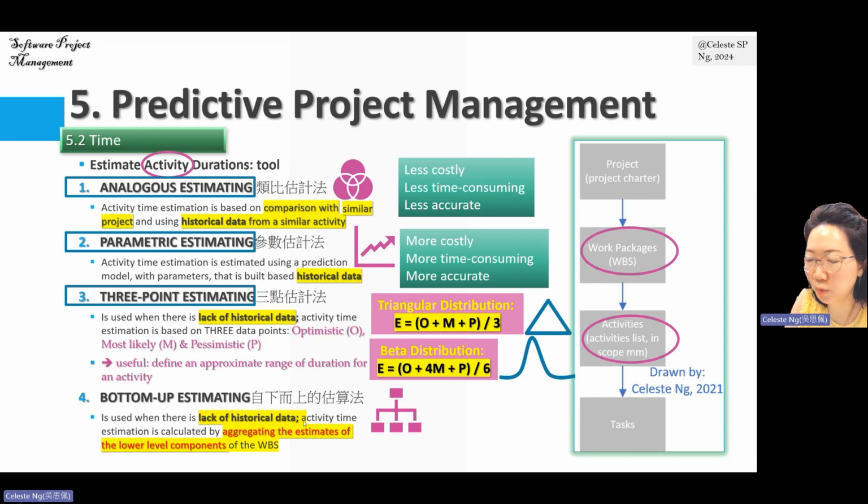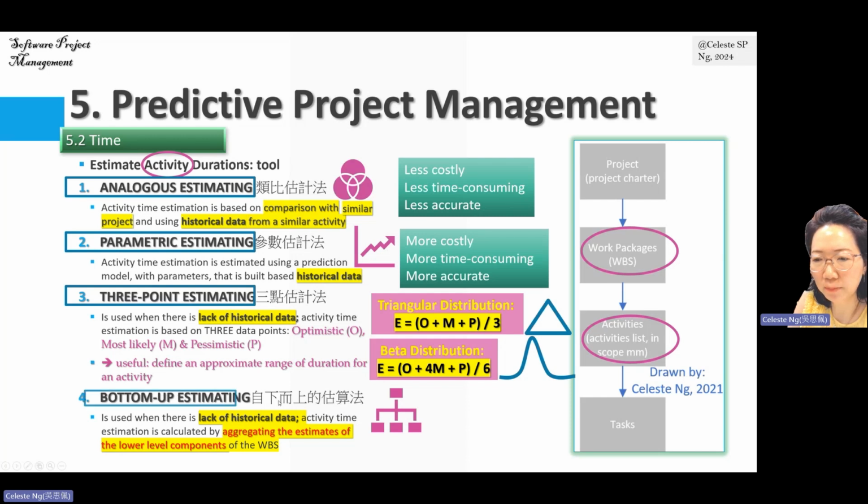And because here we are taking 6 data points, we divide by 6. The most likely is more condensed, or extremely more likely to happen. So we give this most likely activity duration the highest weight, and obviously it is based on this type of normal distribution, right?